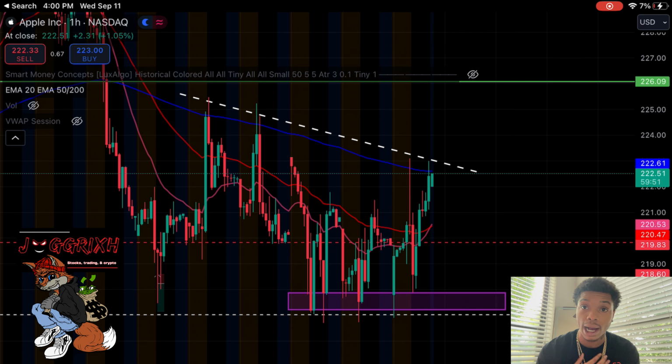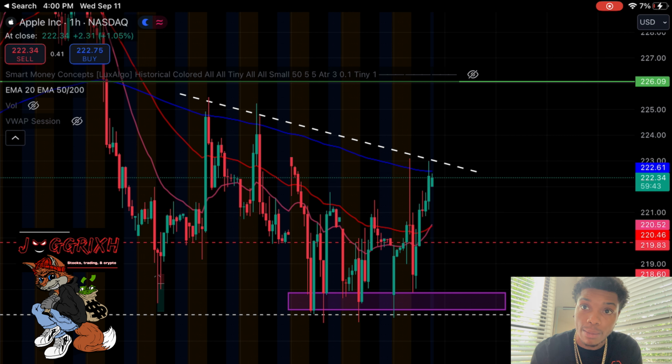And I like to do buy zones more than I like to do a little line just at 217, because a lot of the times when you're trading, you'll notice that a stock may reject like 25 cents before it gets to 217. You understand what I'm saying? So you still don't want to miss the move, if you get what I'm trying to say.